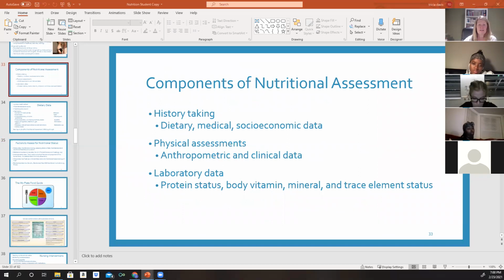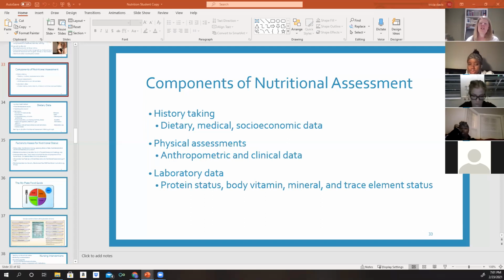So when you guys do nutritional assessments on your patient, you're going to make sure you're doing a thorough history, find out what their dietary preferences are, what their medical history is, what their socioeconomic situation is. Try and have them put together just a normal day. What does a normal day in their diet look like? What do they have for breakfast, lunch, and dinner? You can probably gather from the meals that they have a little bit about their socioeconomic status.